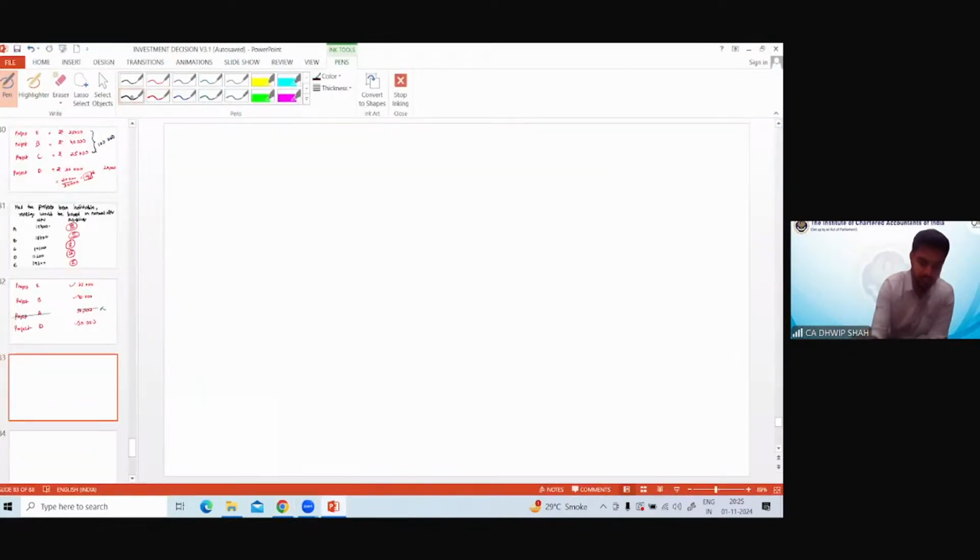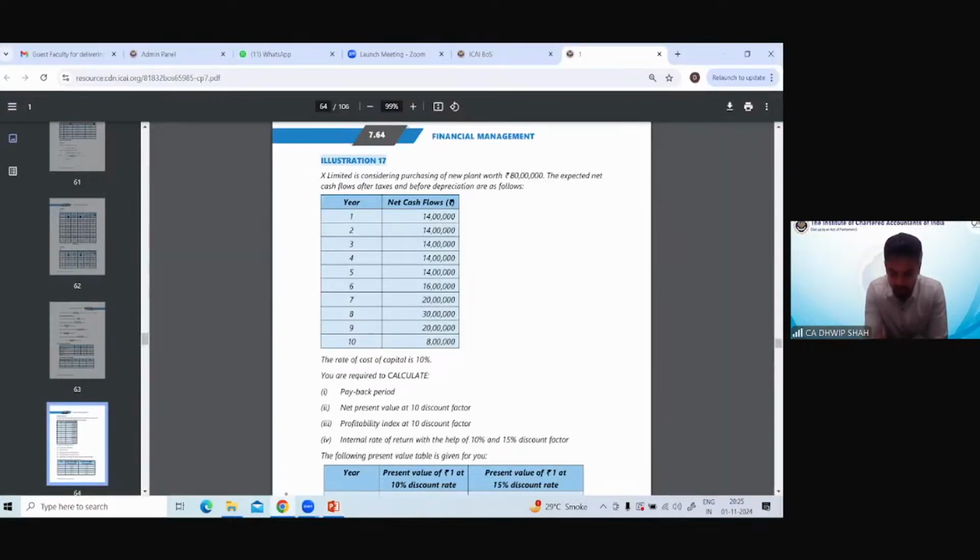We have 5 minutes of time. At least we can solve NPV and IRR. Payback period is very simple. And if we are able to calculate NPV, then the PI index is a left-hand task for us.